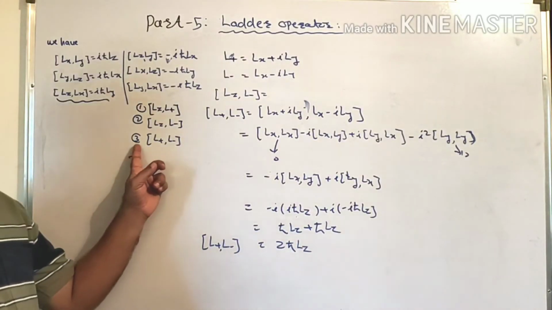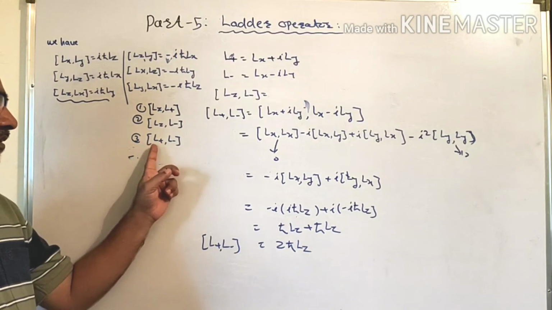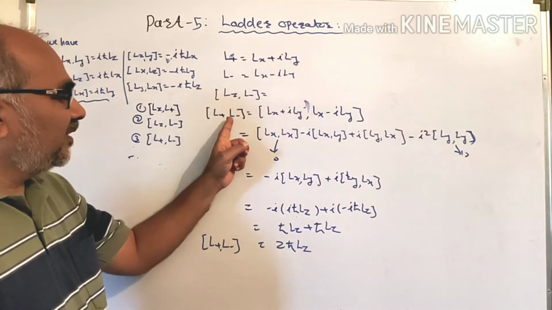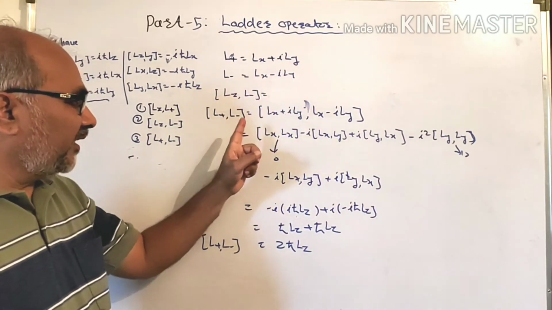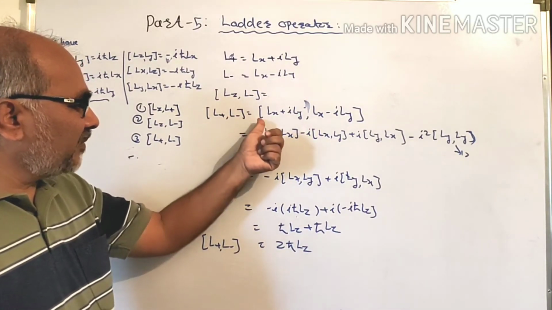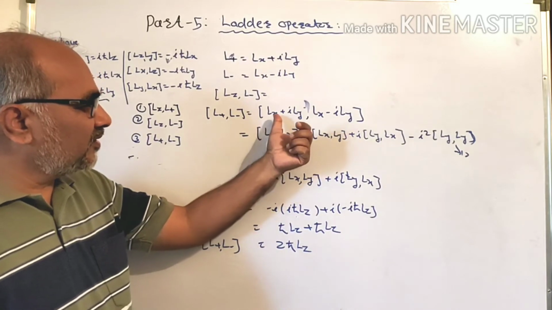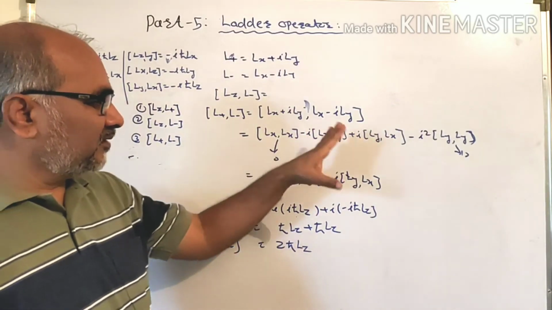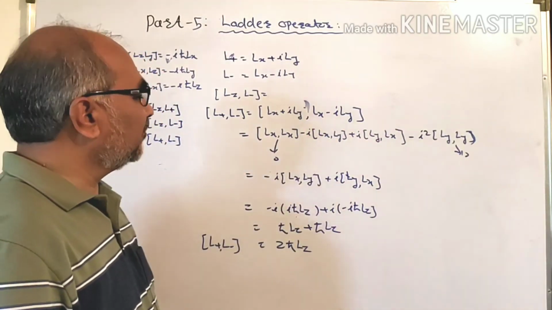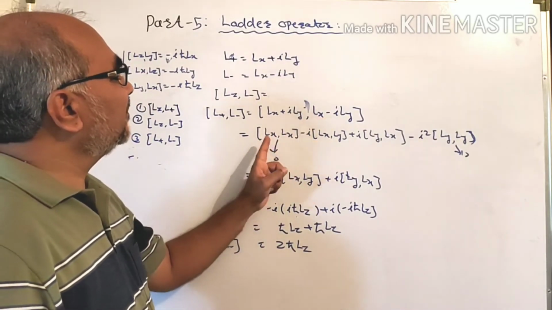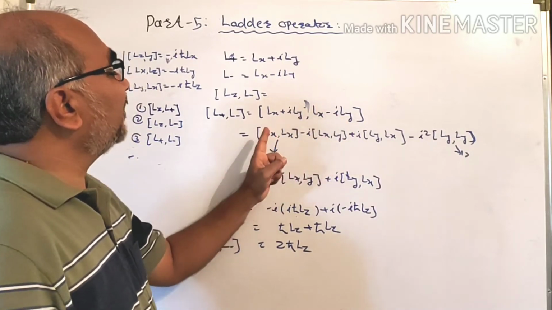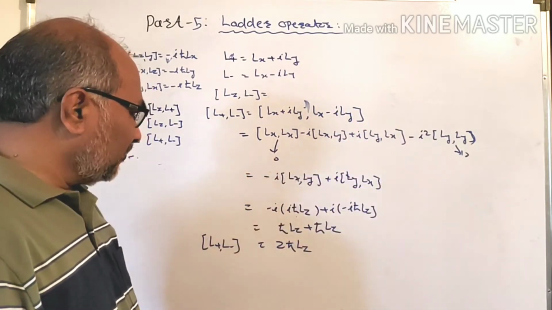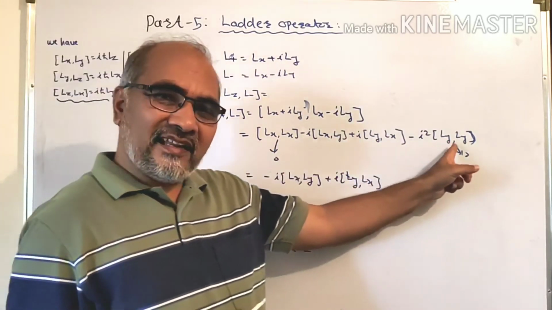Now the third relation, L plus L minus. L plus is Lx plus i Ly, and L minus is Lx minus i Ly, so this is the commutation relation between Lx plus i Ly and Lx minus i Ly. By the algebraic rules of commutation, the terms [Lx, Lx] and [Ly, Ly] are zero.